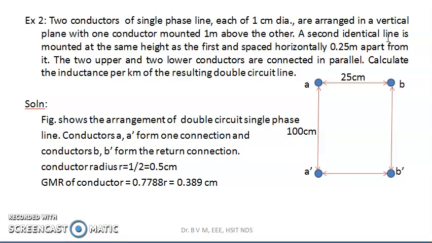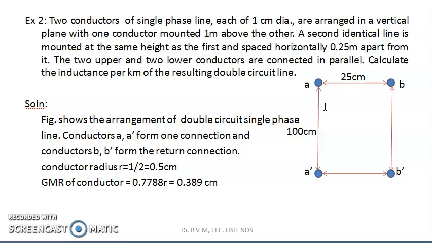A second identical line is mounted at the same height as the first one and spaced horizontally 0.25 meter apart from the first one. The two upper and two lower conductors are connected in parallel. Calculate the inductance per kilometer of the resulting double circuit line. So he has directly given this is a double circuit line.